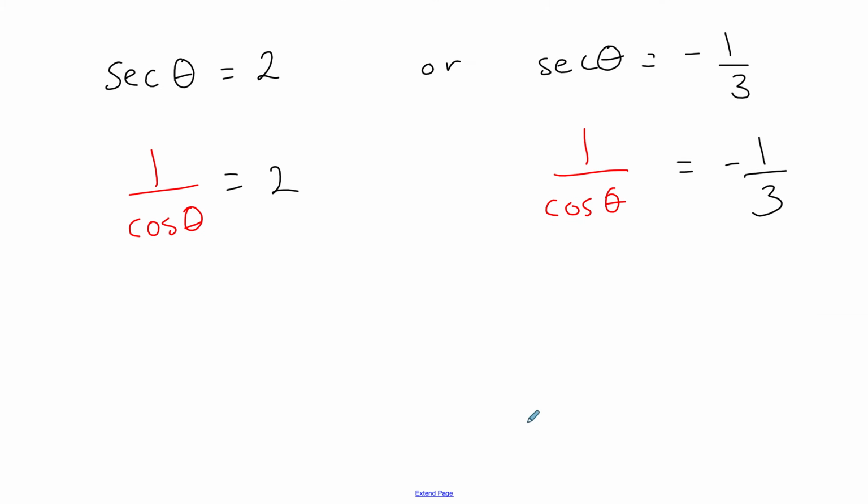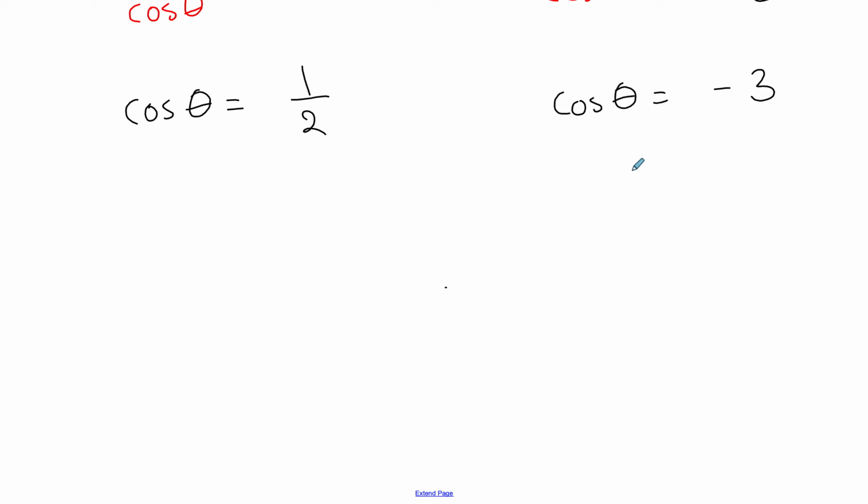And what we're going to do is reciprocate on both sides. So I'm going to reciprocate here, reciprocate here. If you want, you could put this over 1 and cross multiply, same thing here, and just make cos theta the subject. Any algebraic method would be valid, and this will give you 1 over 2. Reciprocate this as well, and that's going to give you negative 3. The sign stays the same.